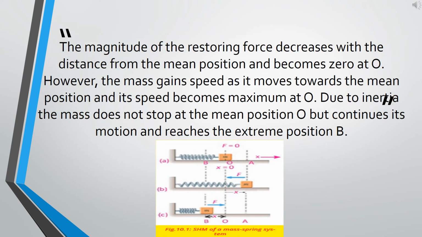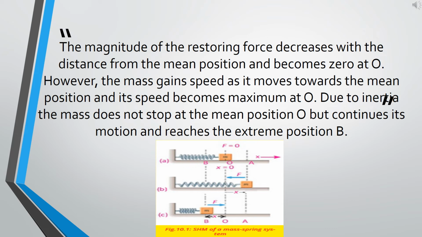Now we have to see that the magnitude of the restoring force decreases with the distance from the mean position and becomes 0 at O. However, the mass gains speed as it moves towards the mean position, and its speed becomes maximum at O. Now what happens?